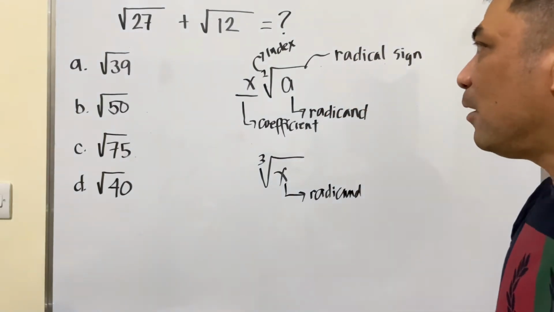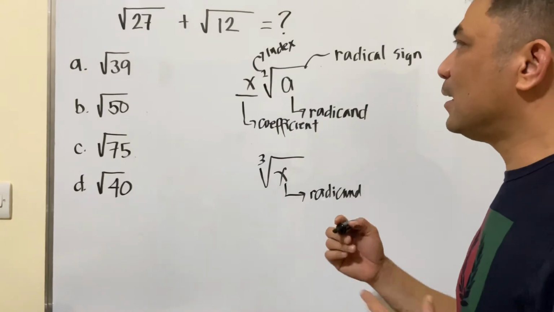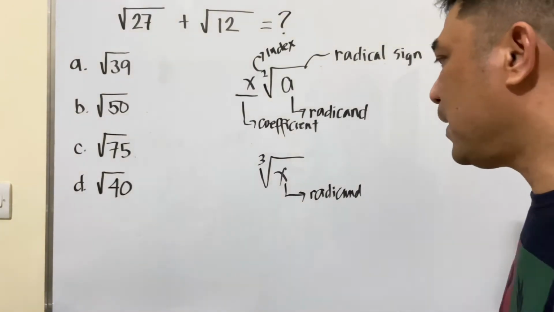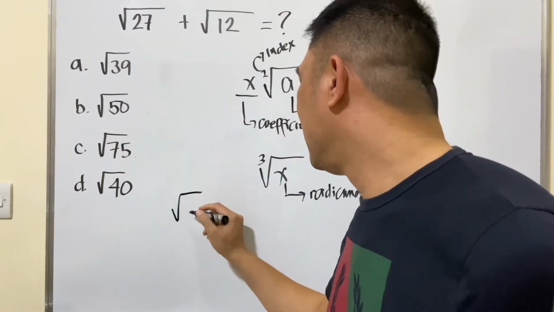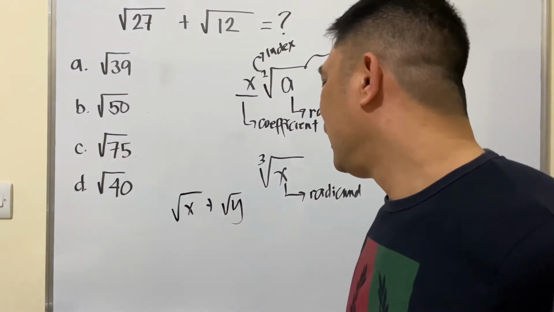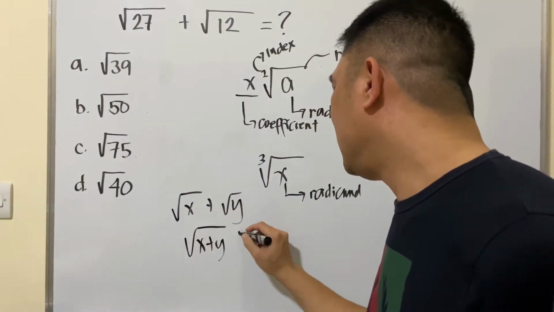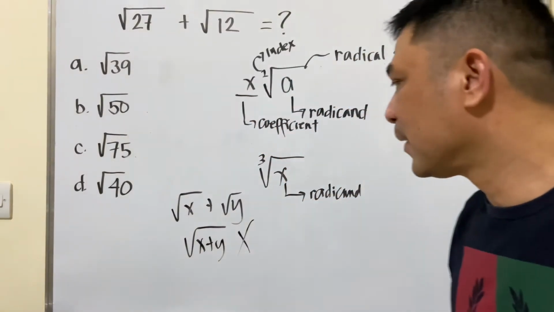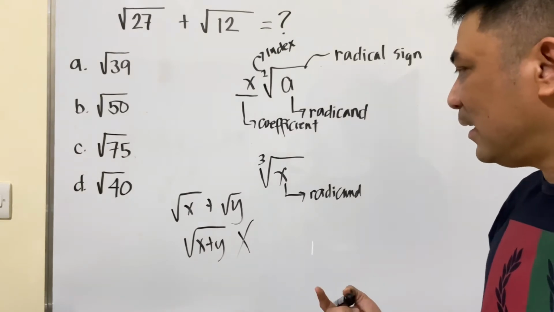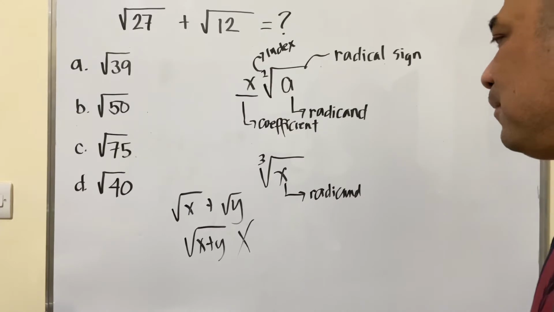Now, the rule of radicals: you cannot add radicals having different radicands. What do I mean by that? If you have the square root of x plus the square root of y, it cannot be rewritten as the square root of x plus y. This is wrong. Another rule is you cannot add radicals having different indices.